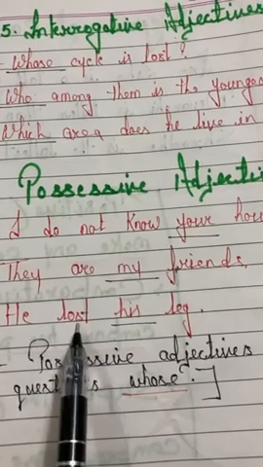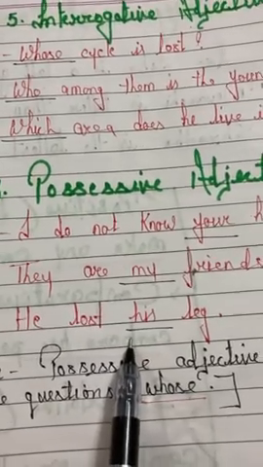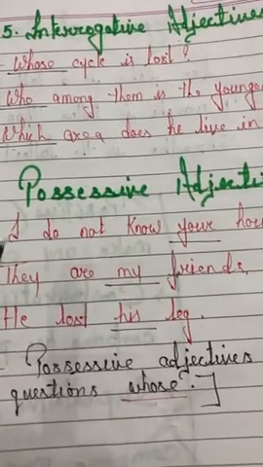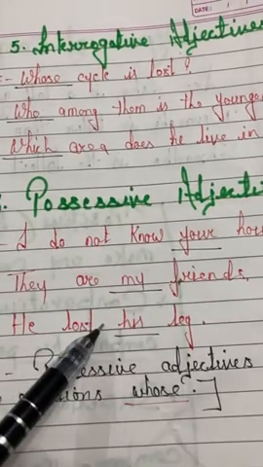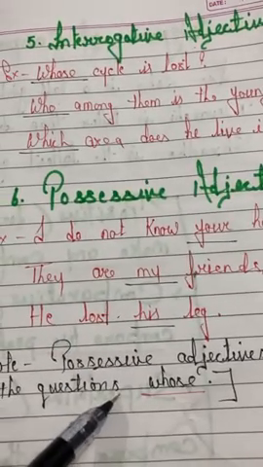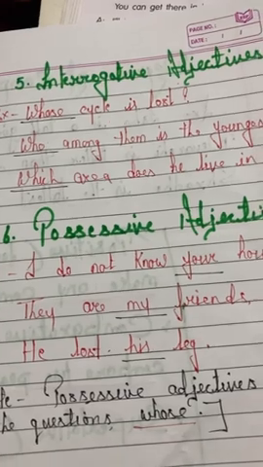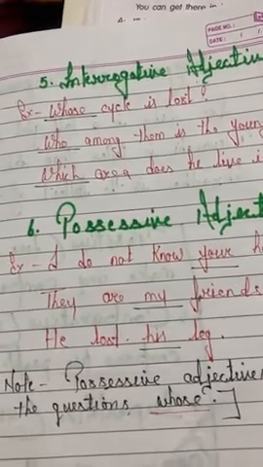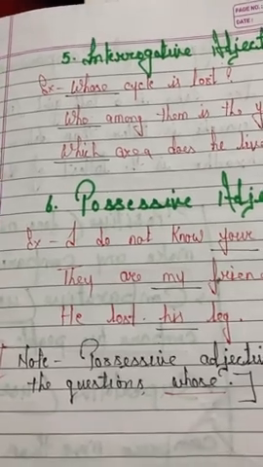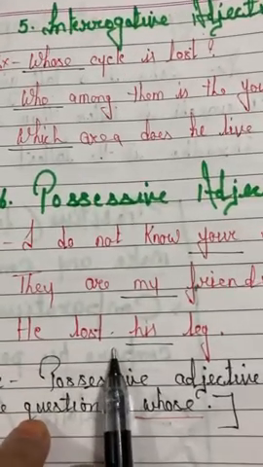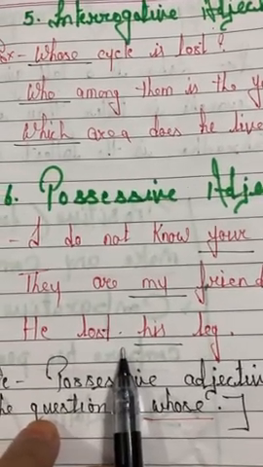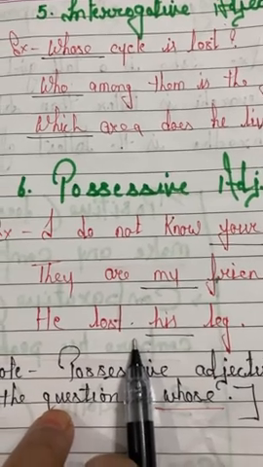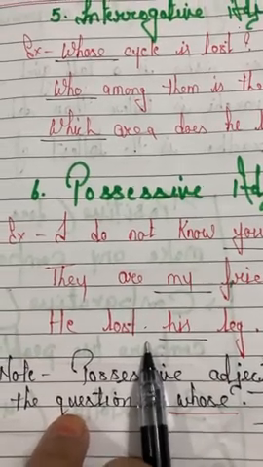He lost his leg. So here the words your, my, and his all denote possession, belongings, or ownership. So these are known as possessive adjectives. So all the kinds of adjectives are cleared here. I hope all these kinds are clear to you also.